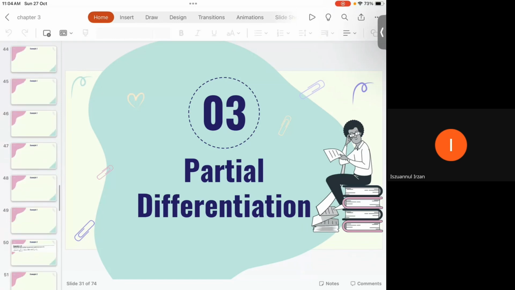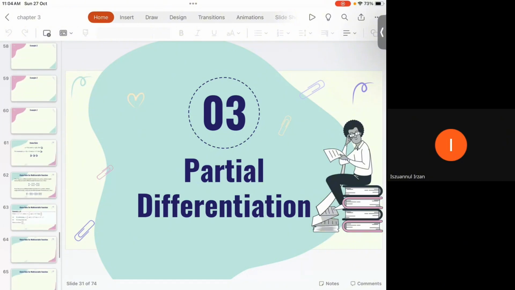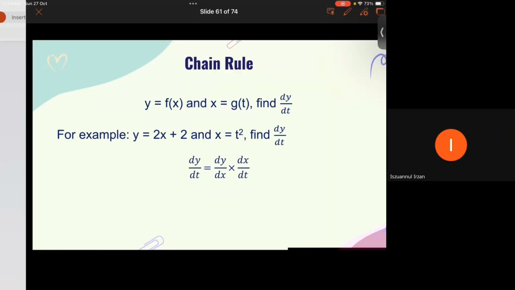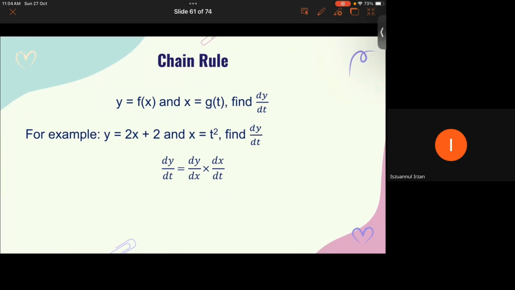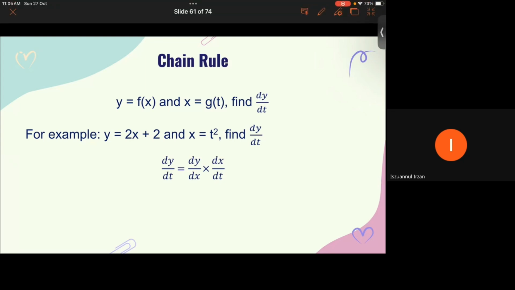We still have a few parts for this chapter. That is the chain rule. The chain rule is actually a part of differentiation, but the differentiation is not direct; you have to apply the rules. Usually we apply the rules where we have a function, for example, this one is a single variable function.